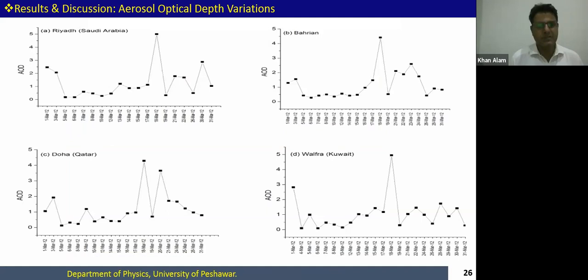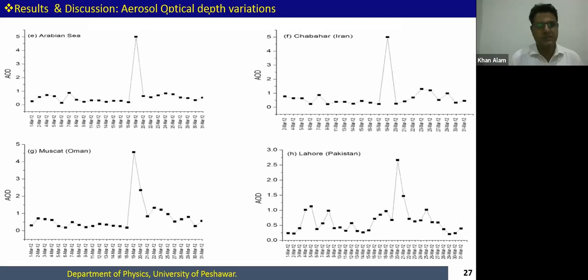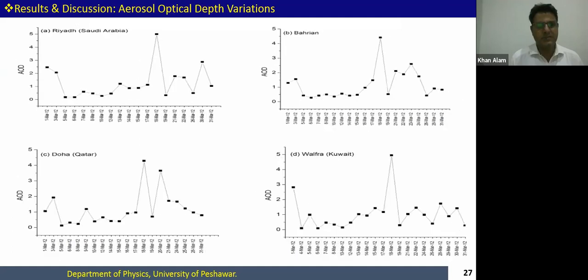It goes to 4.5 over the Saudi Arabia region, and also at Bahrain, at Doha, at Kuwait, and at the Arabian Sea, and Chabahar, which is a city of Iran, Muscat, and Lahore, Pakistan. So these figures show that this is not regional; it is global.